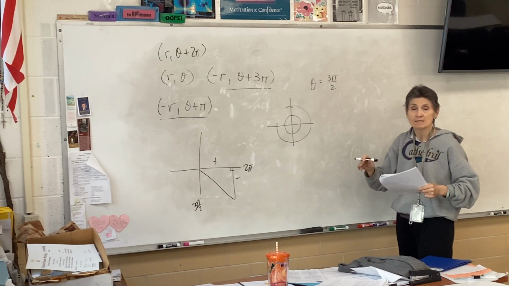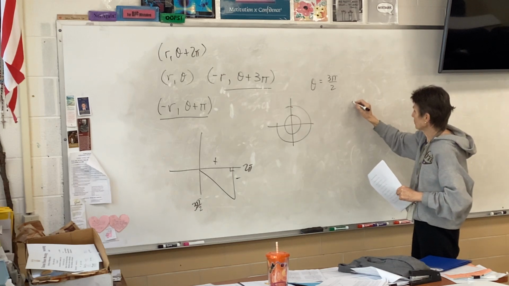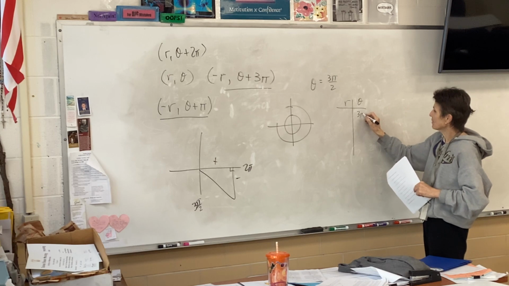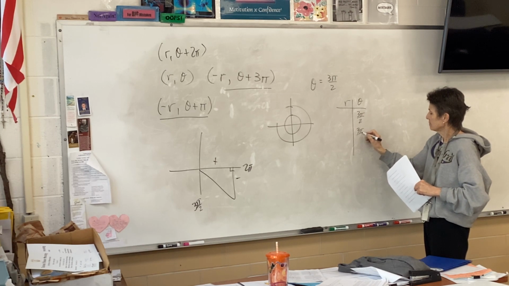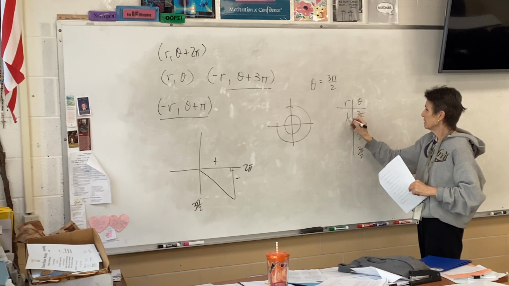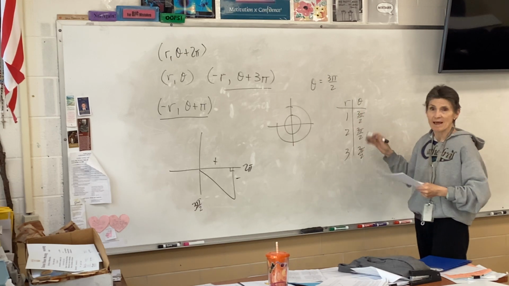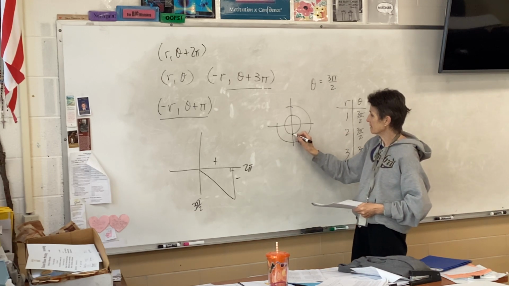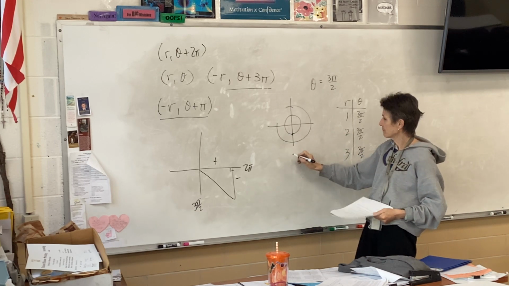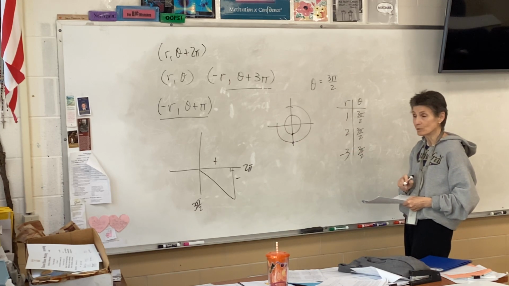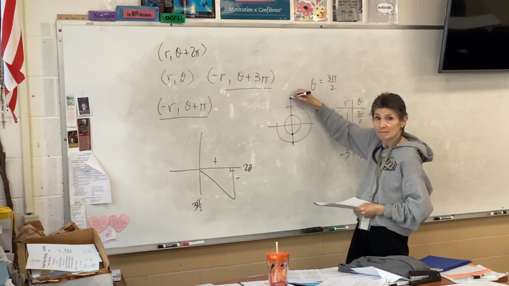Now that means that for every radius, every point has that same θ, 3π/2. So we have a point at (1, 3π/2), (2, 3π/2). How about (-3, 3π/2)? Well, that would be plotted up here, right?